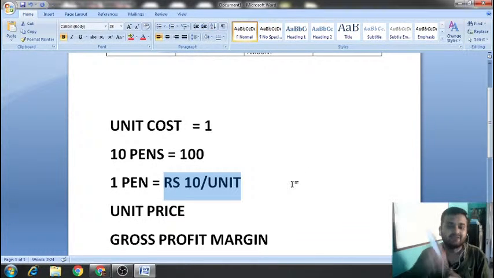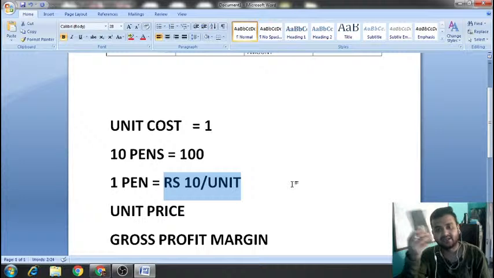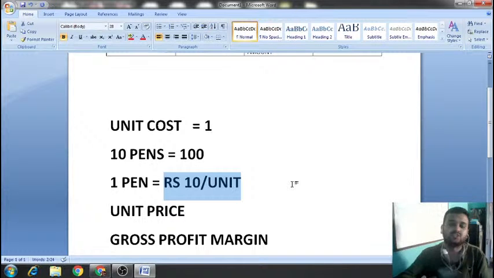If for example you are manufacturing 100 cell phones, and I ask you what is the cost of one cell phone, what will you do? You will divide by the total production, then you will get the cost of one unit of that product. Clear?